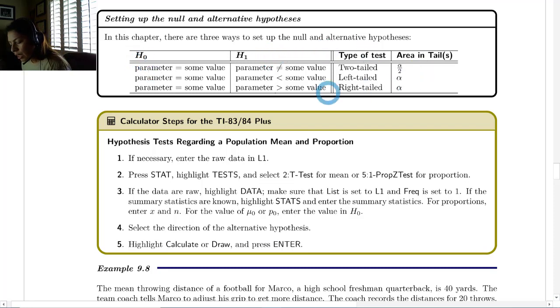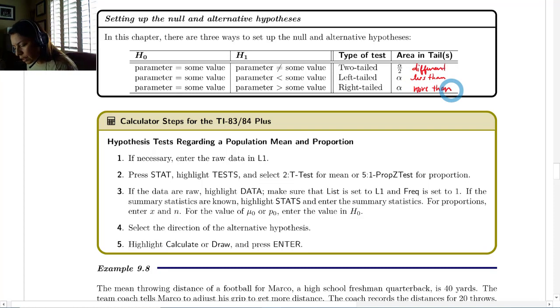If they say it's different, it's just different from the population parameter. Left-tailed was less than, and right-tailed was more than, with all the synonyms like decreased, increased, or whatever.